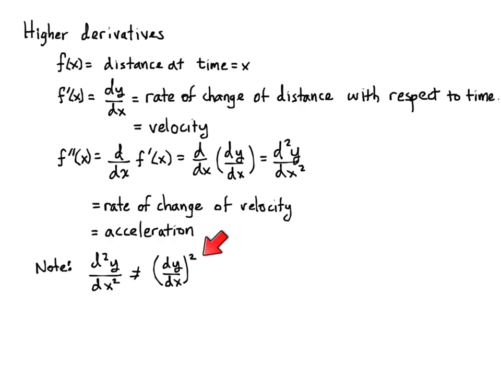These two are not the same except by coincidence. So be careful. This is not a value that you can get by calculating the square of the velocity. That doesn't make sense. If you're going 50 miles an hour, your acceleration is not 2,500, right? It's something else. It could be 0. So these two are not the same.